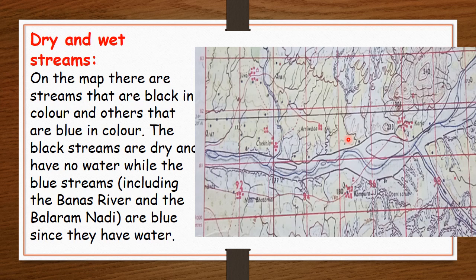The blue streams, including the Banas River and the Balram Nadi, which I have already shown you in the previous slide, are shown in blue color. But the dry streams are always shown in black color. So here you can see many disappearing streams, right? In this dry region, the dry and wet streams are shown.